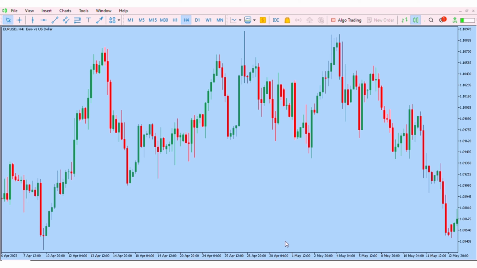Once you see these two on your chart, something is likely to happen, and at the right zones, you are definitely cashing out big from the market. Here, you can see a shooting star, and here is your engulfing pattern.